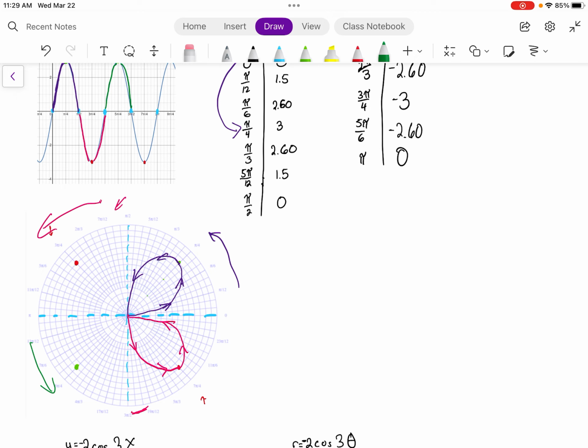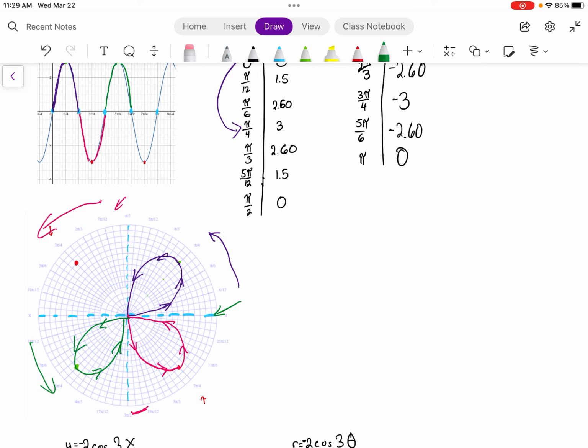We're going to come in along this tangent line here. We came in along theta equals 0, so we're going to go out along it, and we're going to come back out. And we're going to make another petal of our rose again, sort of going like this.